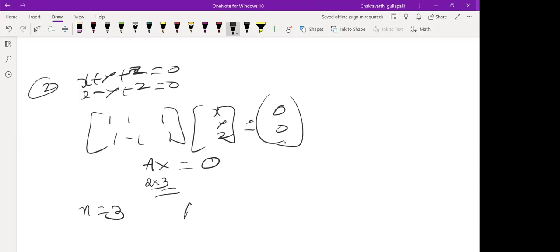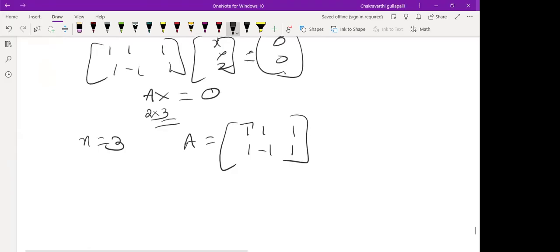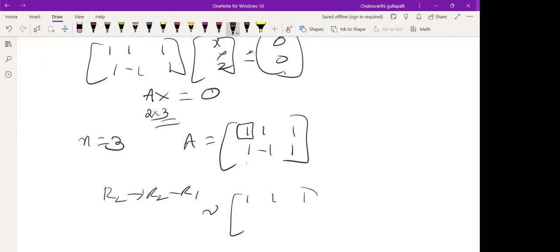Find the rank of A. How to find the rank of A? Here we cannot find the determinant because it is rectangular. So we have to go for echelon form. This is the leader, below that 0. So R2 minus R1: 1, 1, 1; 0, minus 2, 0. This is in echelon form. This is leader, below that 0.